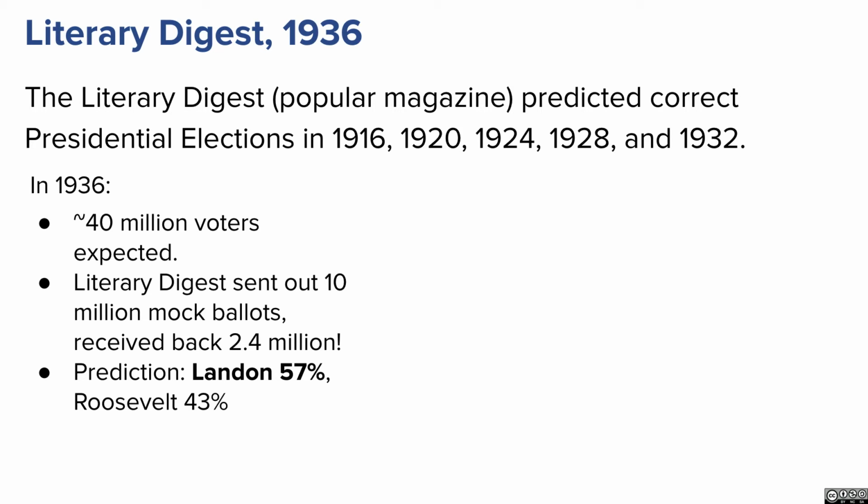Unfortunately, when it came down to the actual ballots, Landon only got 38% of the vote and Roosevelt got 62%. This difference is huge. It's an error of about 20%, going from losing really badly to winning really badly.